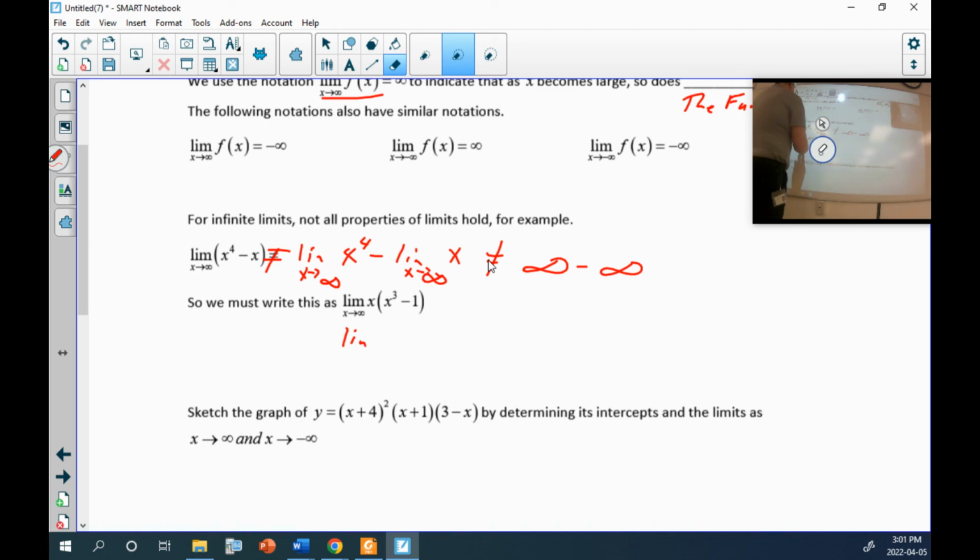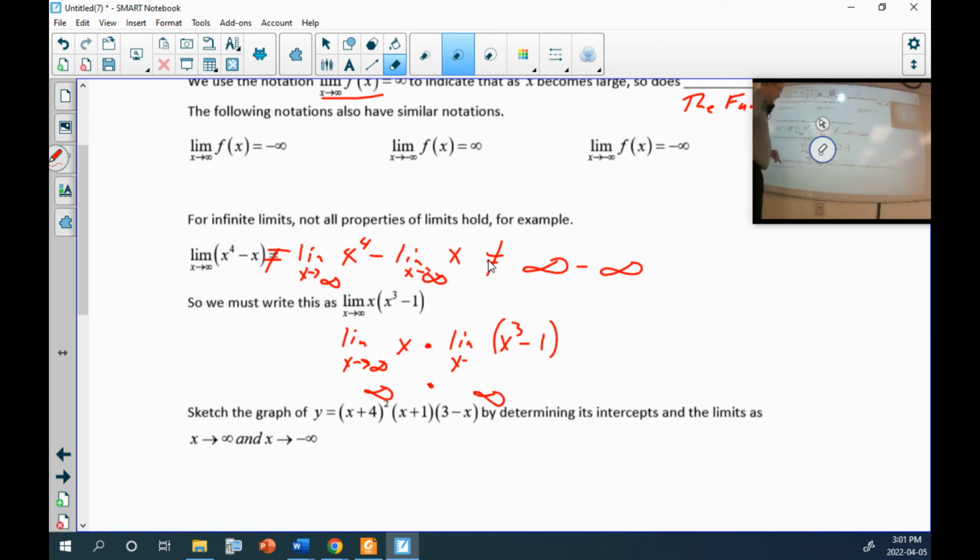I can take my multiplication property. This is infinity. This is infinity. Double infinity. What's infinity times infinity? Infinity squared. A bigger infinity, right?